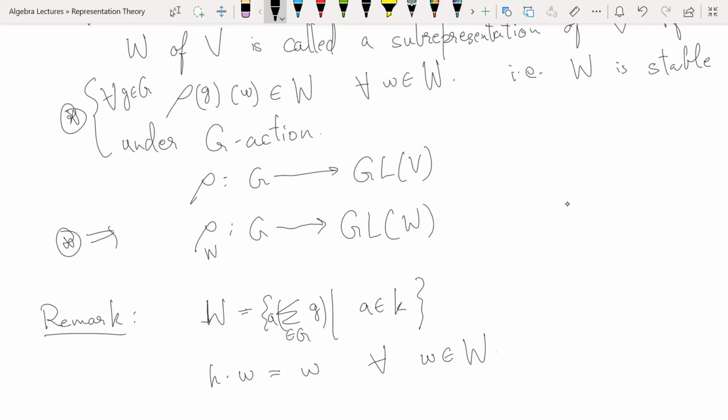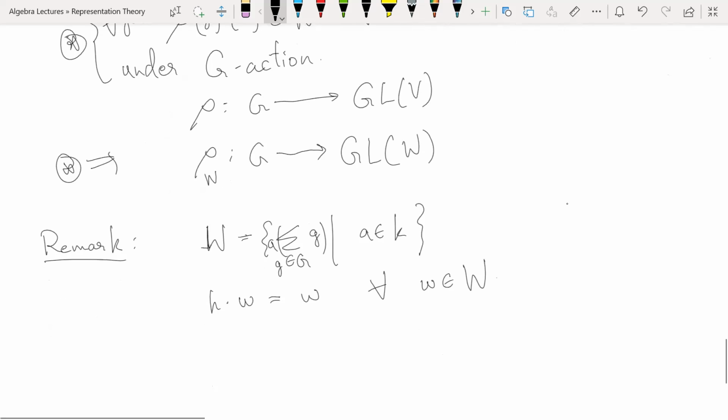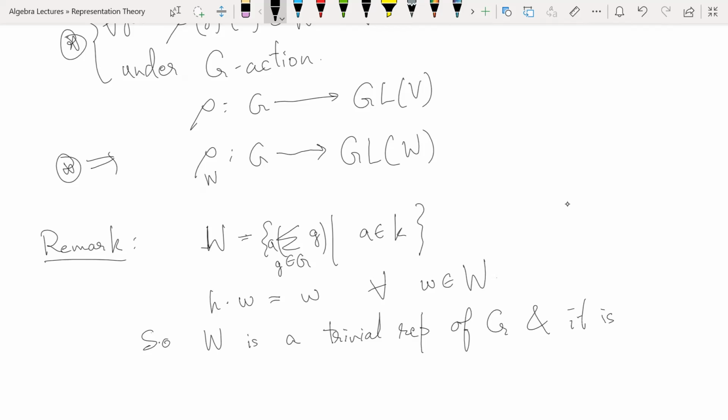But summation HG, as G varies in G, is the same as summation G. So W is a trivial representation of G, and it is a subrepresentation of KG. So you have seen an example of a subrepresentation, and you also saw that it is trivial.